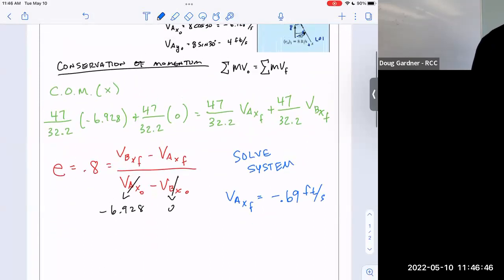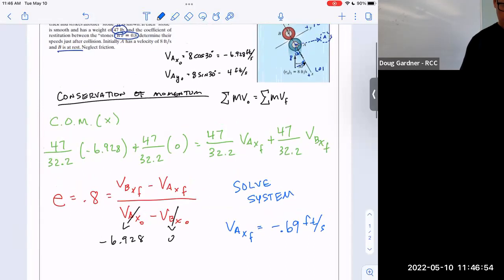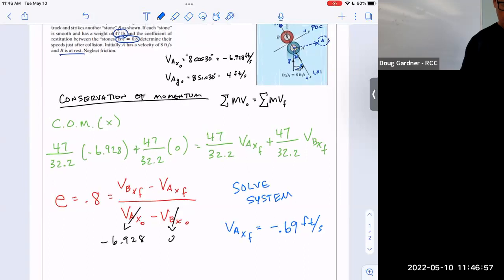Let's just stare at that for a second. Because I did this 2 years ago, I'm just staring at my note sheet. Does that make sense? Is that what X would do? The A ball.